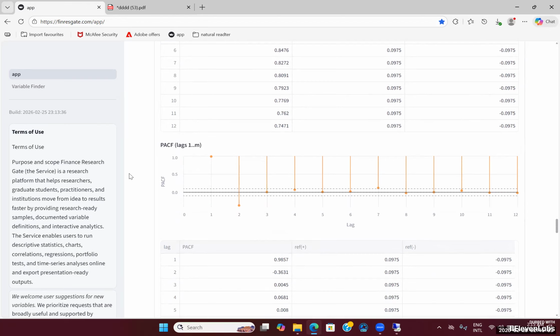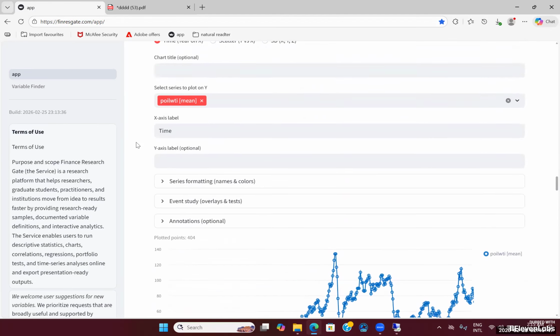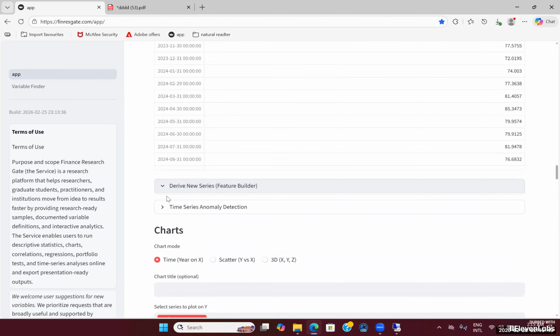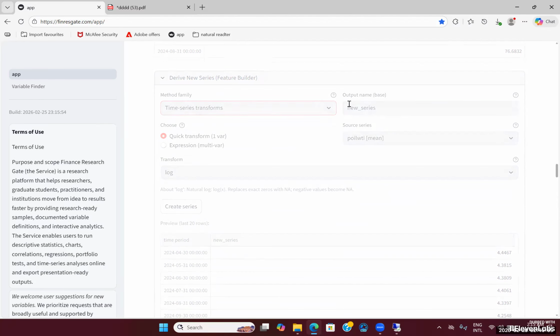However, when running the ARIMA model to decide which is the best ARIMA model, it is crucial to deal with the stationary variable when we examine the autocorrelation diagnostic. So in this case, we are going back. In order to generate a new data series, we should proceed by choosing the appropriate time series transformation.